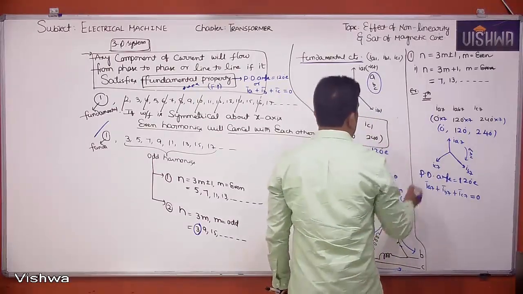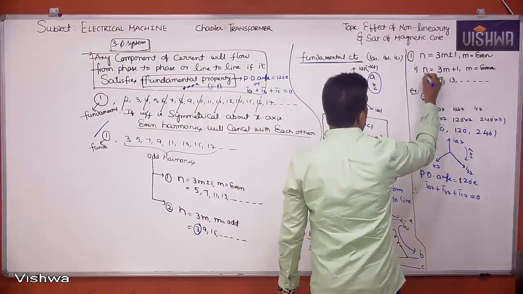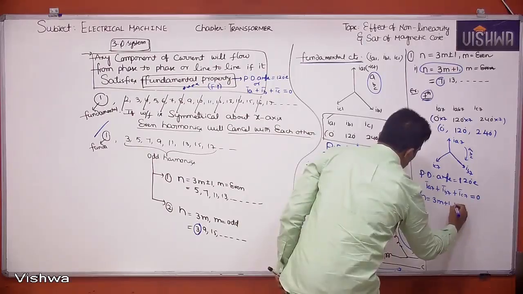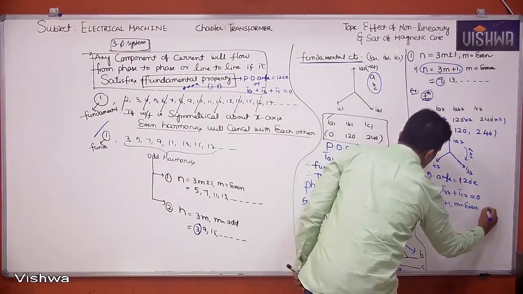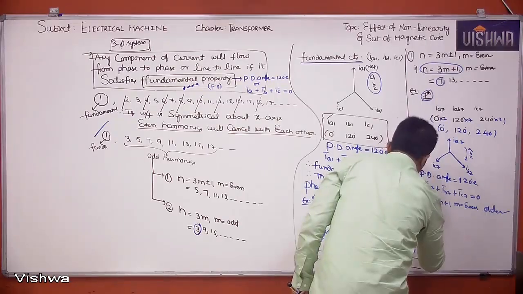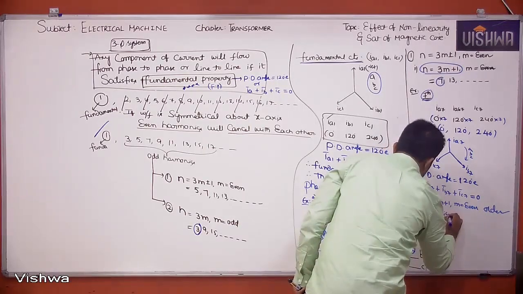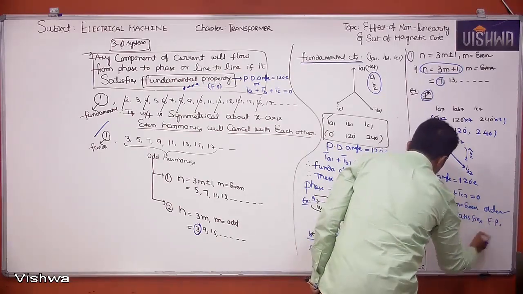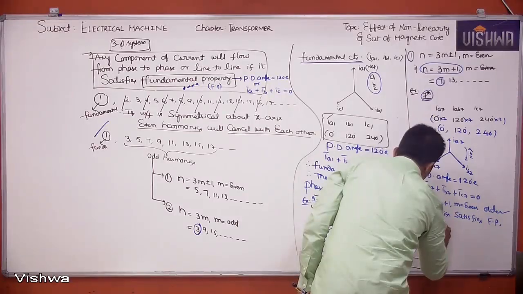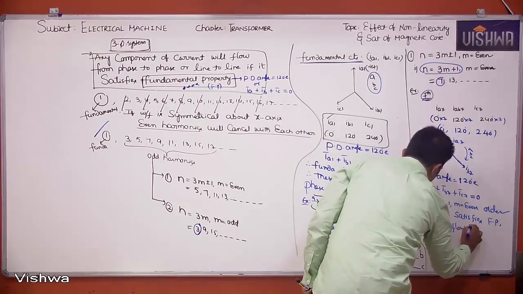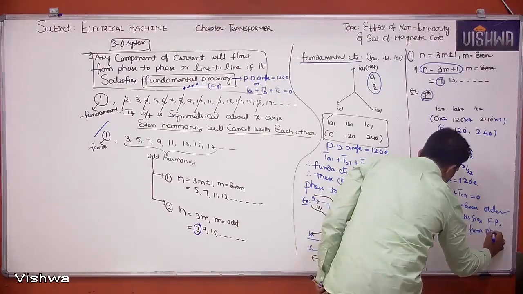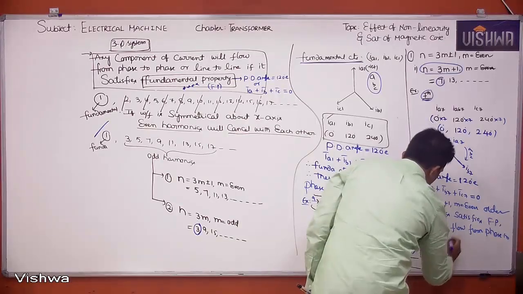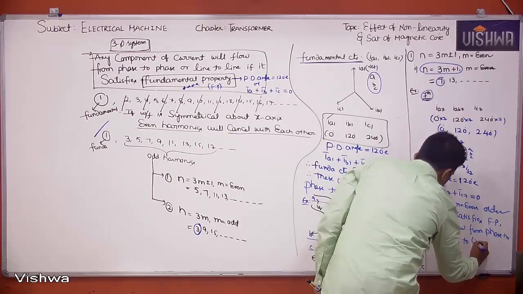Therefore, the 7th harmonic, or I can say n equal to 3m plus 1 harmonics, where m is even, satisfy the fundamental property: they can flow from phase to phase or line to line, just like fundamental currents.